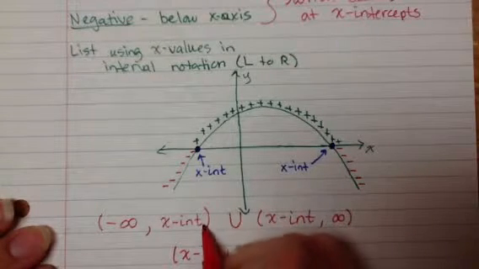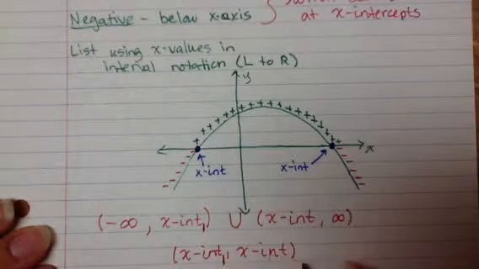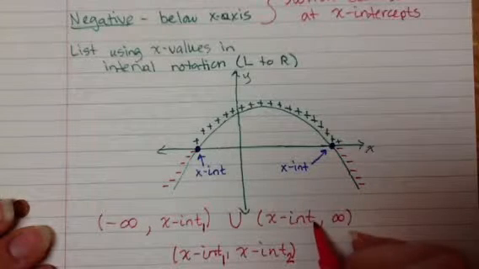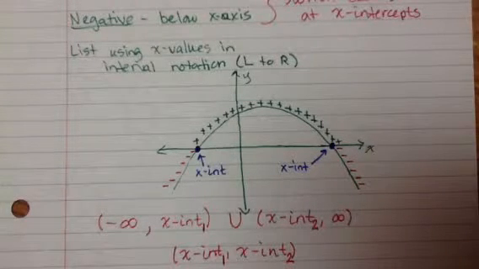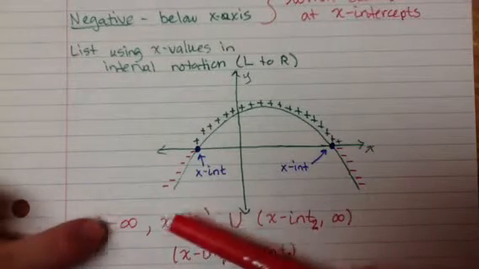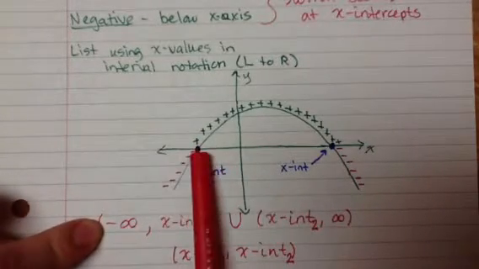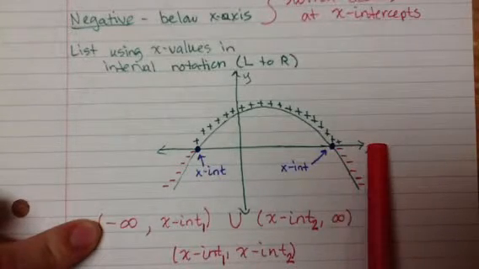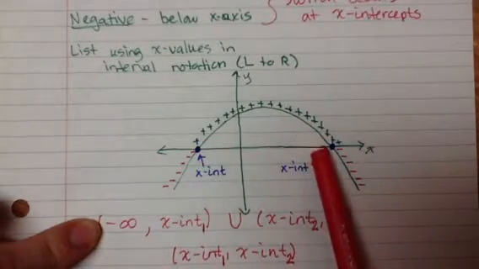So from x-intercept 1 to x-intercept 2, and then from x-intercept 2 to infinity. In this example, it would go negative from here to this x-intercept, and then again from here to here, and it would be positive between the two x-intercepts.